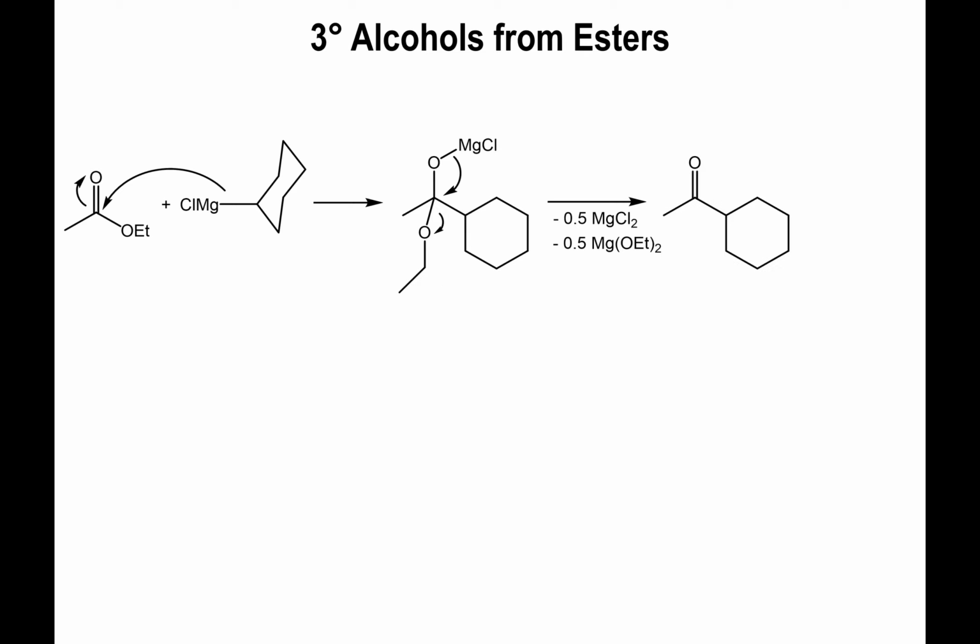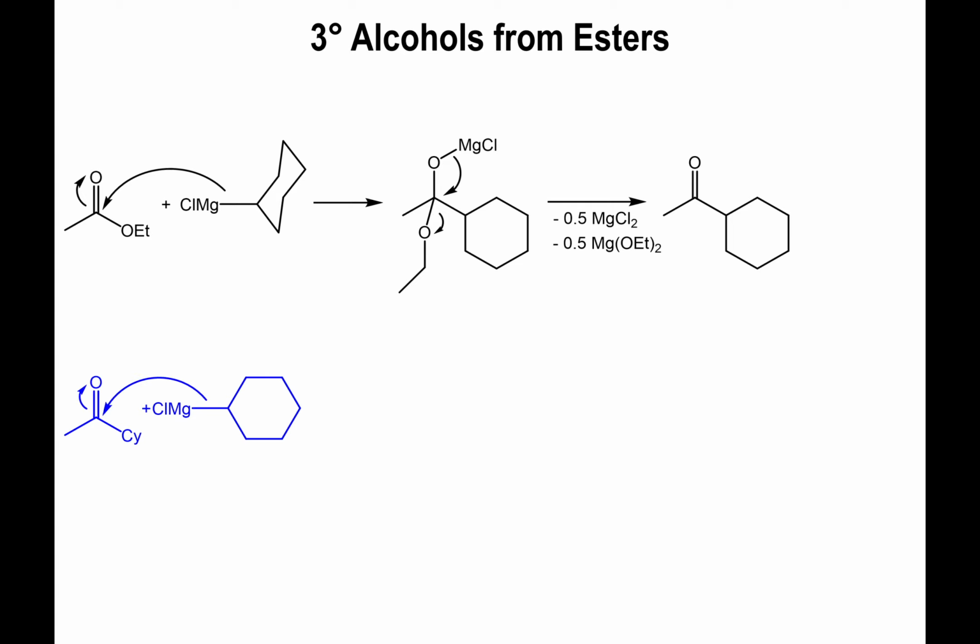So this time we're going to be producing half an equivalent of magnesium chloride and half an equivalent of magnesium ethoxide while producing the ketone, right? So we still have the cyclohexyl that we just added, we still have the methyl that we just added. So you can see those two groups present in the ketone. Now the ketone is susceptible to reaction with a second equivalent of Grignard, and that's literally what's going to happen here.